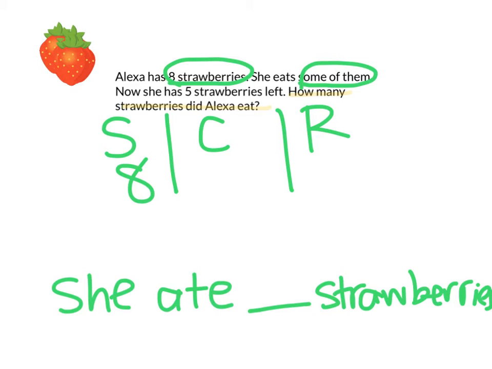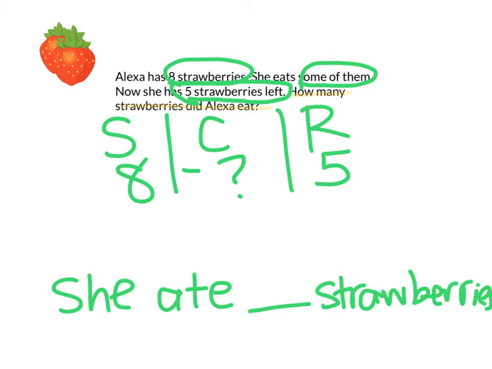So I'm not sure. I'm going to keep reading and see what else I can get from this. Now she has 5 strawberries left. So that is my result. There are 5 left. So she started with 8. She eats some of them. So because she's eating them, we're taking away. So I'm going to put that minus there, but I don't know because I don't know how many some is right now.